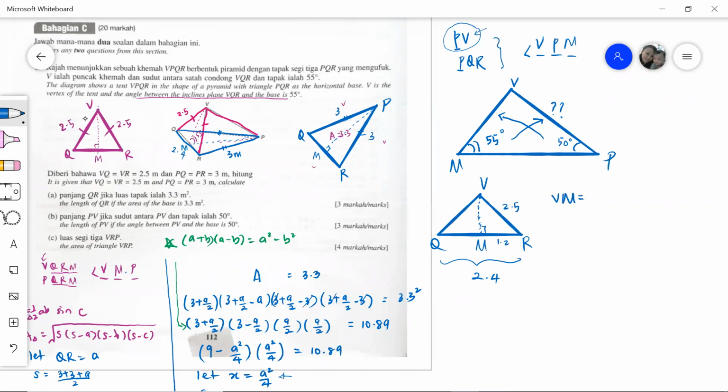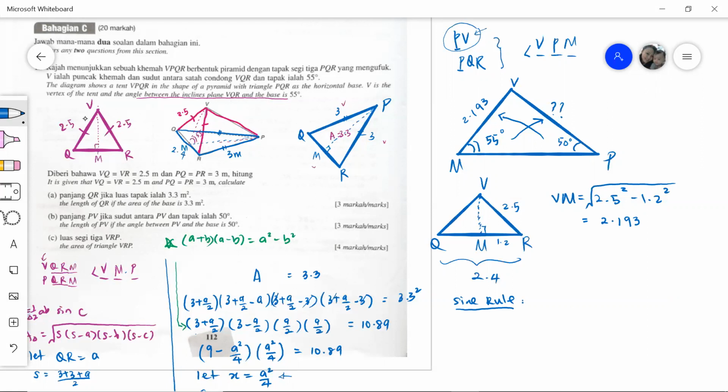So VM will equal to the square root of 2.5 squared minus 1.2 squared. Pythagoras theorem. So use the calculator, we get 2.193. Okay, so just put it here, 2.193. So now we apply the sine rule.